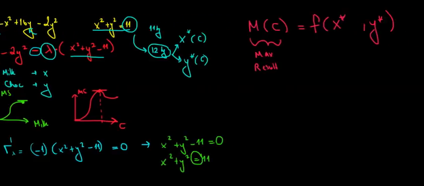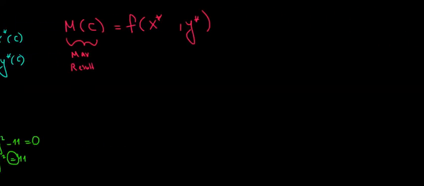So let's write it over here that f of x and y is also a function of our constraint. They both depend on the constraint. Meaning that if we find out the optimal results, we are getting to the maximum number of milkshakes.